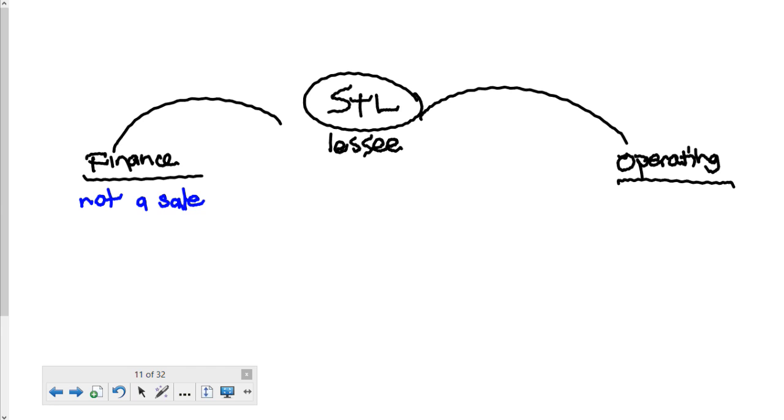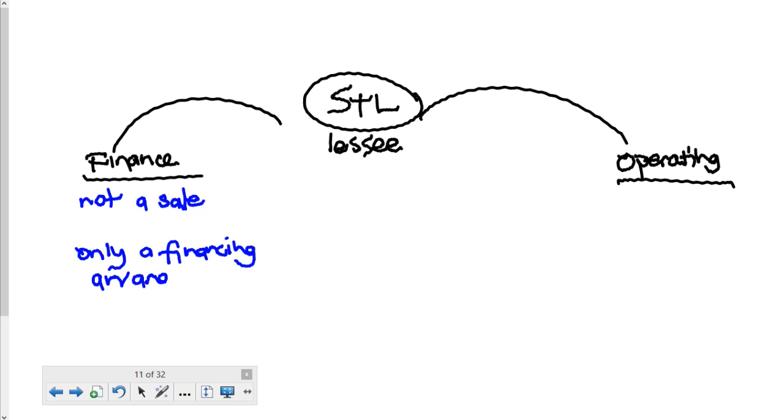If you remember the picture that I drew for you, the company sells an asset to the bank, but they still need the asset. They lease it back from the bank. It's a finance lease. So have I sold the asset? No, it never leaves my premises. It stays there. All it is, is only a financing arrangement.